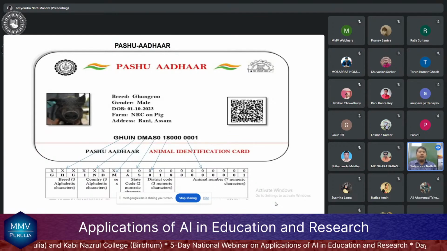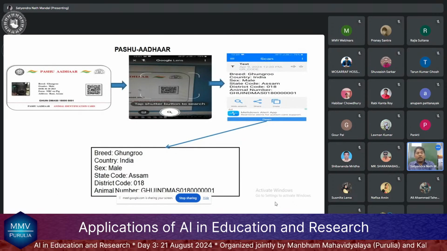From this number we can get their breed, their farm, their location, their number, their state, everything. First we decide what will be the number, just like our other numbers. Then we develop the scanner code. If we scan, we can get everything.